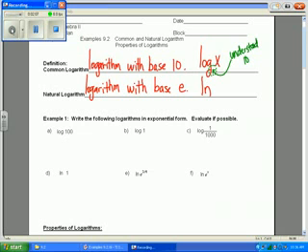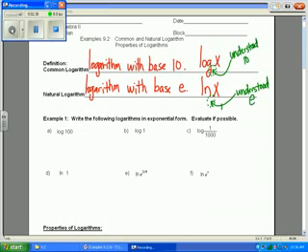This is ln. This is an L, not an I. So it's ln x. And like the one up above, this is an understood imaginary e. And remember, we know e is the number 2.718.